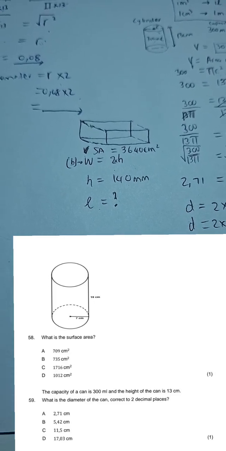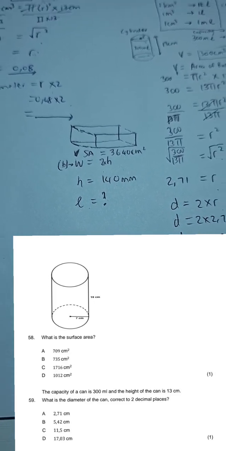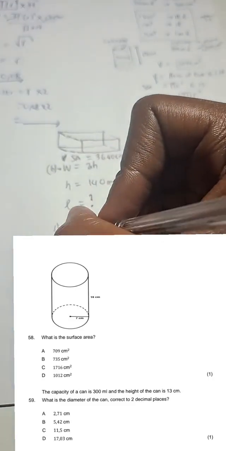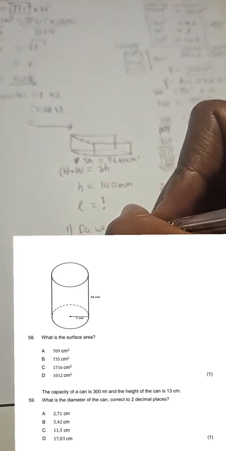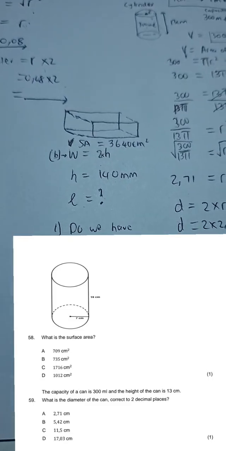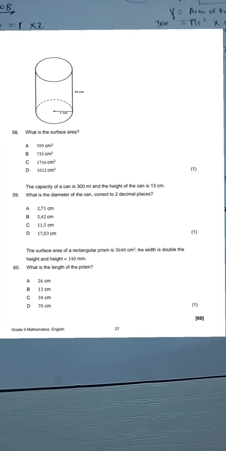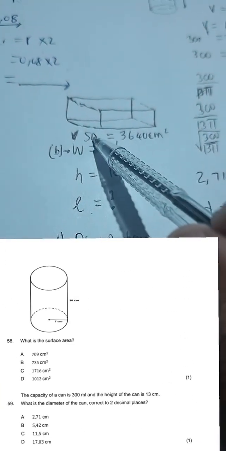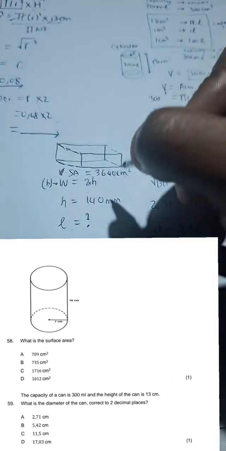So I want us to now, for a moment, check a few things. One, do we have the same units? If you look at the options that are here, the answer is in centimeters. Now, let's look at the units. The surface area is in centimeters squared. That's fine.